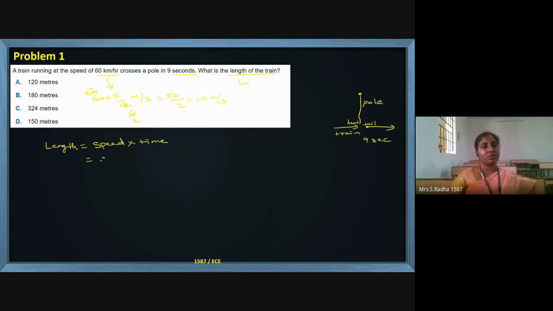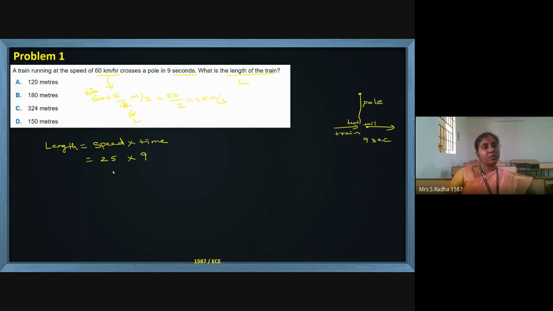The speed is 25 and time is 9 seconds, 25 into 9 is 225. Somewhere in the calculation I have made a mistake. Speed of the train is 60 km per hour.